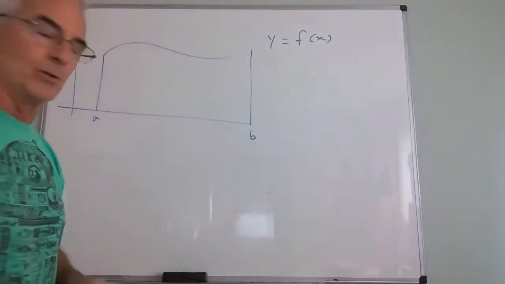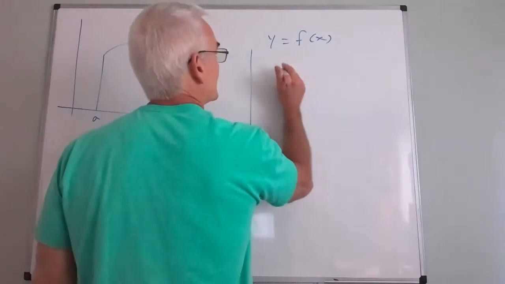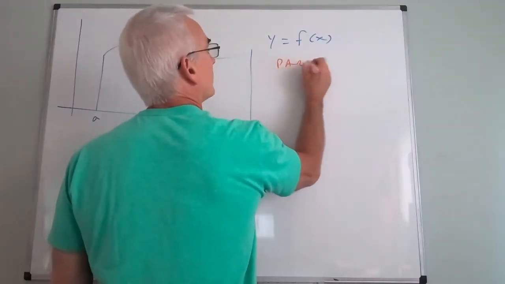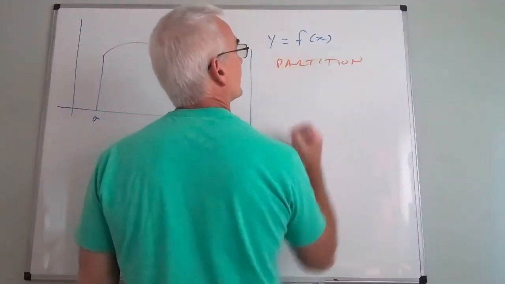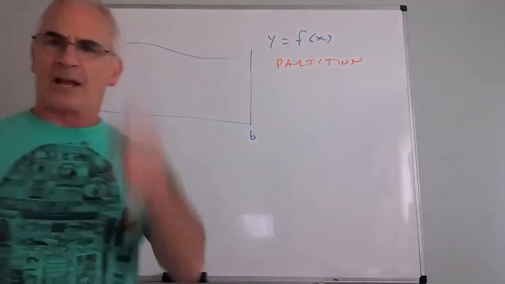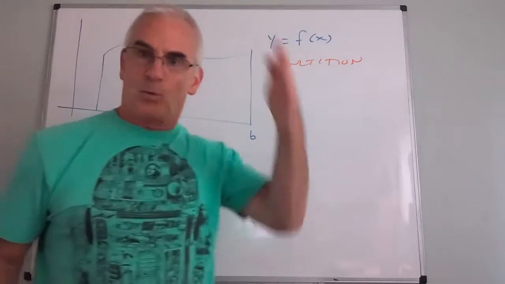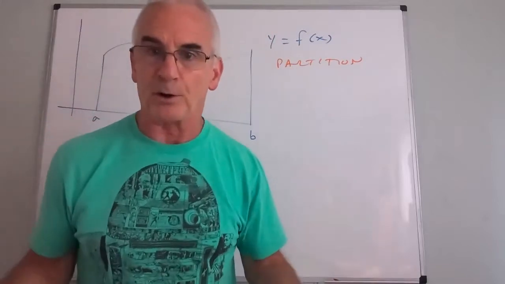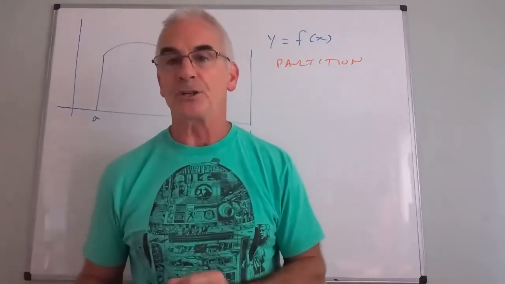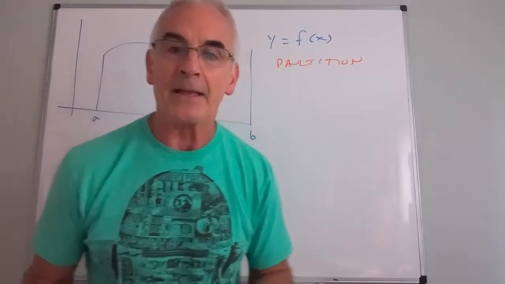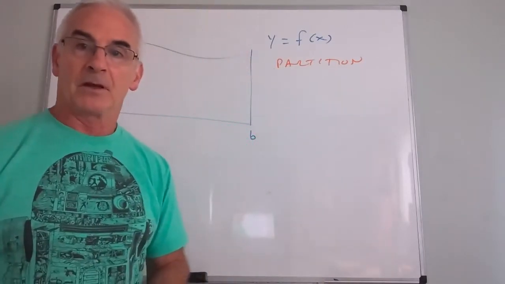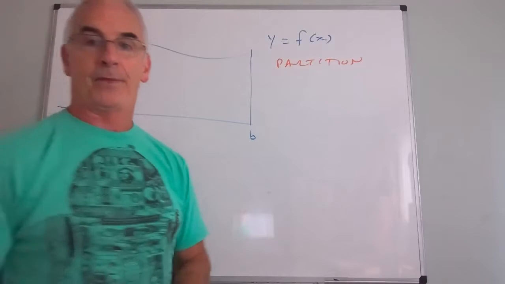So what I want to do is create what's called a partition. Think of it like walls. If you're in a building or a house, you get all of these walls separating rooms. Those are called partitions. I want to partition this into n rectangles of equal width.